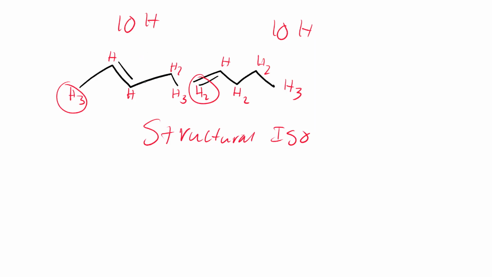Because it would be a stereoisomer if one of these bonds actually flipped. More specifically, if this occurred. And notice that we can't do that because of the double bond, so that would actually be a stereoisomer, more importantly a cis and trans isomer.